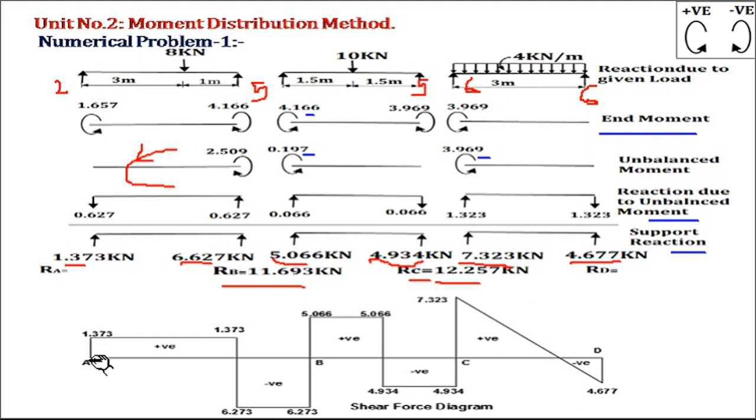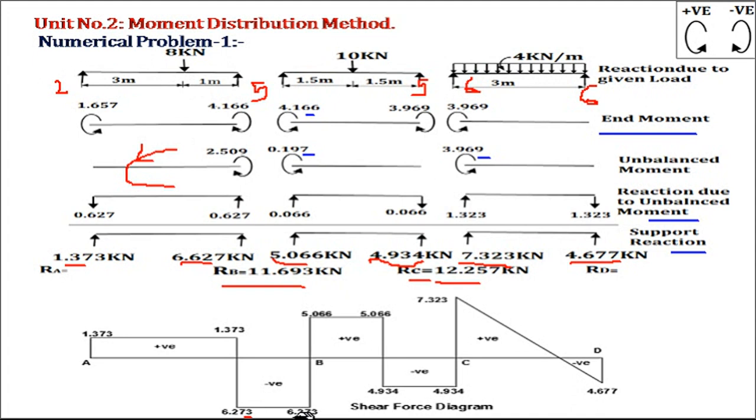The reaction at joint A is 1.373, acting upward, so you have to show it in upward direction. Here there is no load, so join by a horizontal line. Here there is a load of 8 kilonewton acting downward, so 1.373 minus 8, that value comes to be equal to minus 6.627.